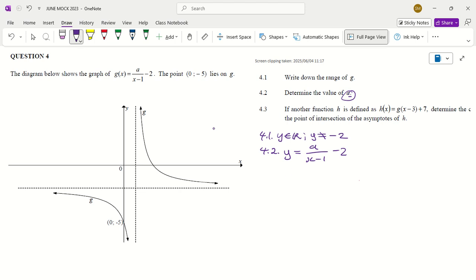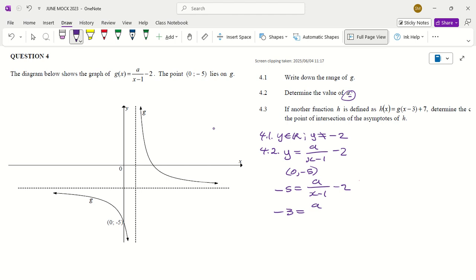So the point that we are going to use here is 0 and negative 5, and of which our y value is negative 5 is equal to a over x minus 1 minus 2. So now the next thing that we're going to do is take 2 to the other side, becomes positive, and then we're left with negative 3.